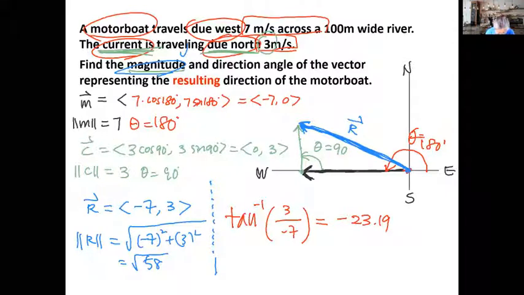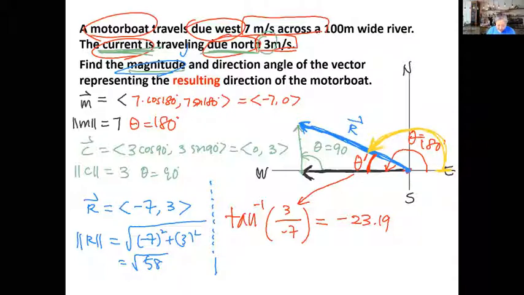This is what? This is theta prime in there. So this is theta prime there, right? So then the true direction angle for this vector R, starting from the right side of the horizontal axis all the way to the position of the vector R, is this, right?